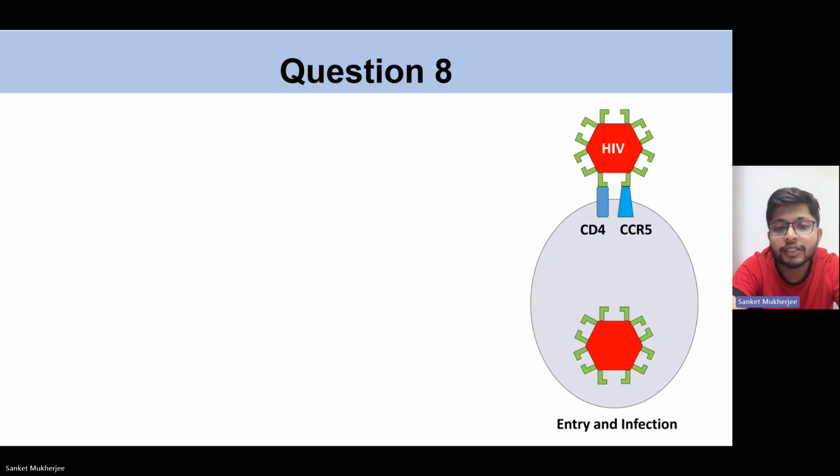We have also seen that if there are mutations like the del32 base pair mutation in CCR5, it prevents the virus from entering the cell. Hence, people who have these kinds of mutations are kind of immune to HIV infection.